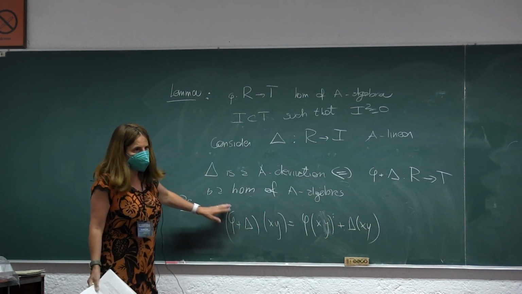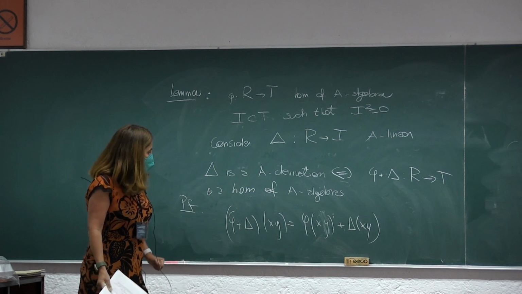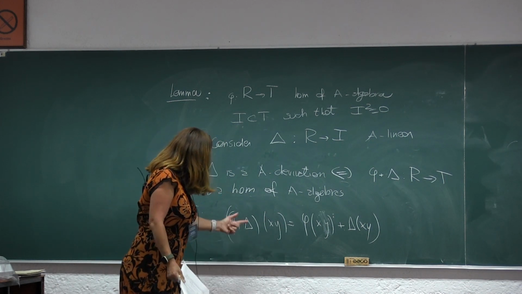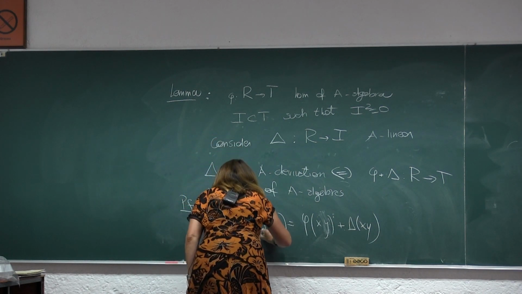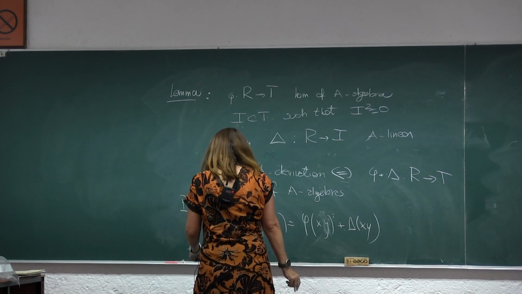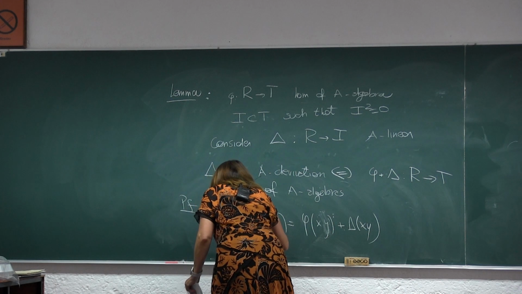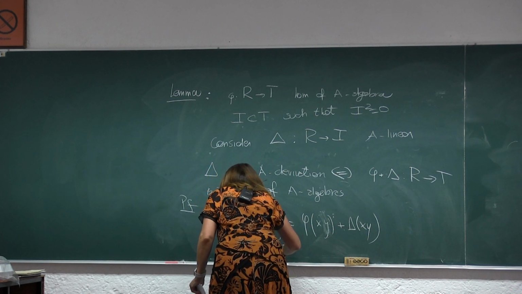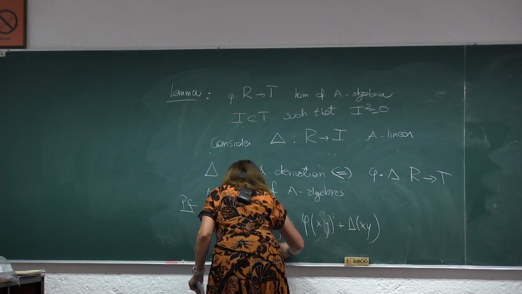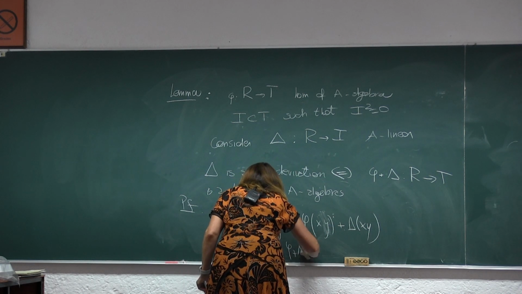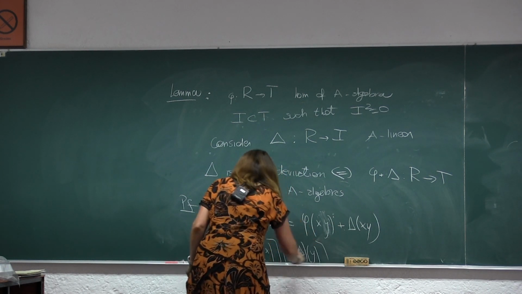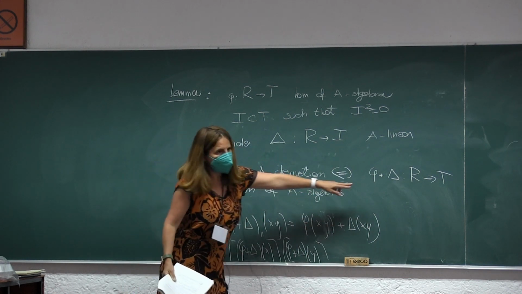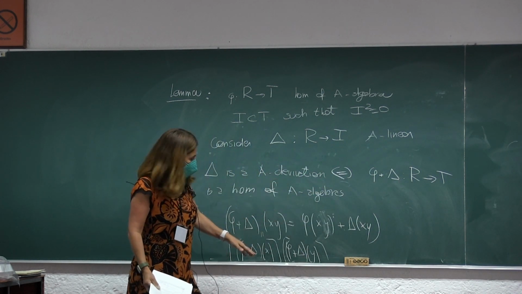That's the definition. And now I'm going to use the fact that this is a homomorphism, which tells me that this is phi plus delta applied to x, times phi plus delta applied to y. That's one side. We are going to see that they're equivalent.